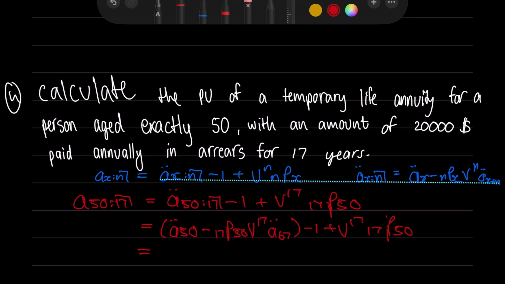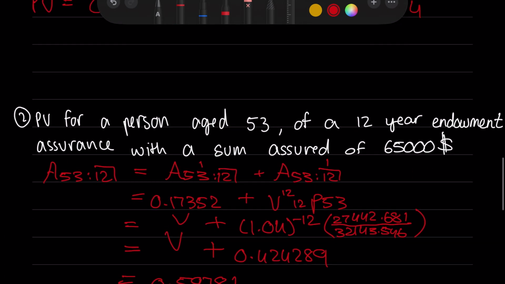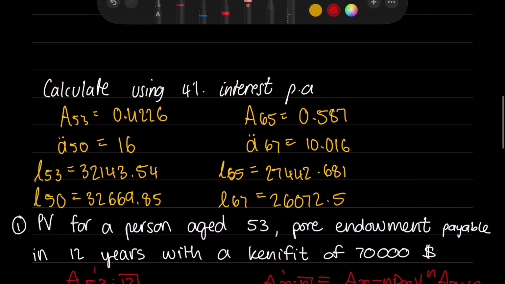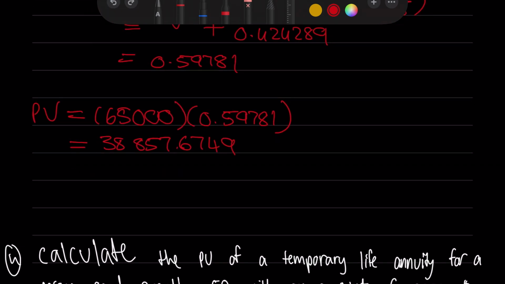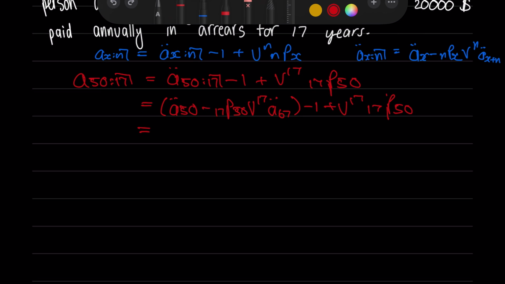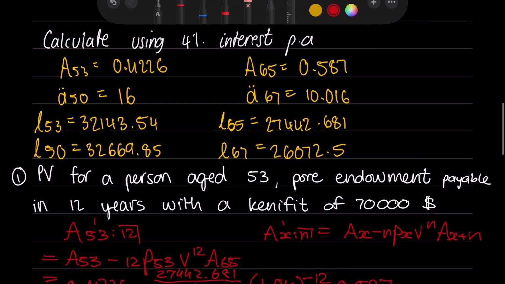Now, all of these values, we've got A50, minus 17p50, we know how to do that. We're going to go 26. I've got these values from here, which you can find on your table.